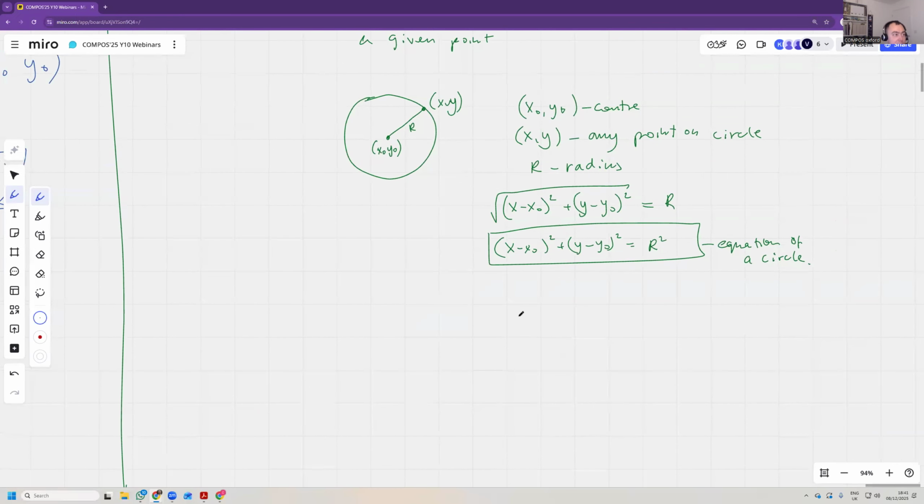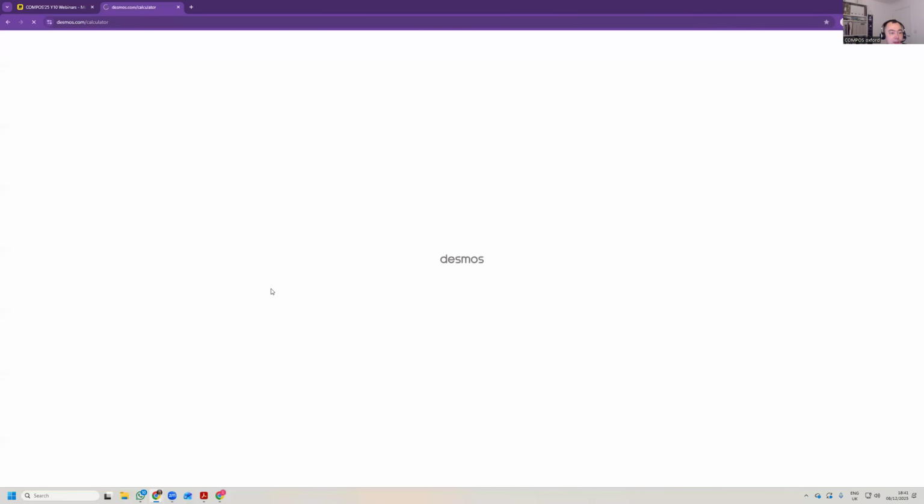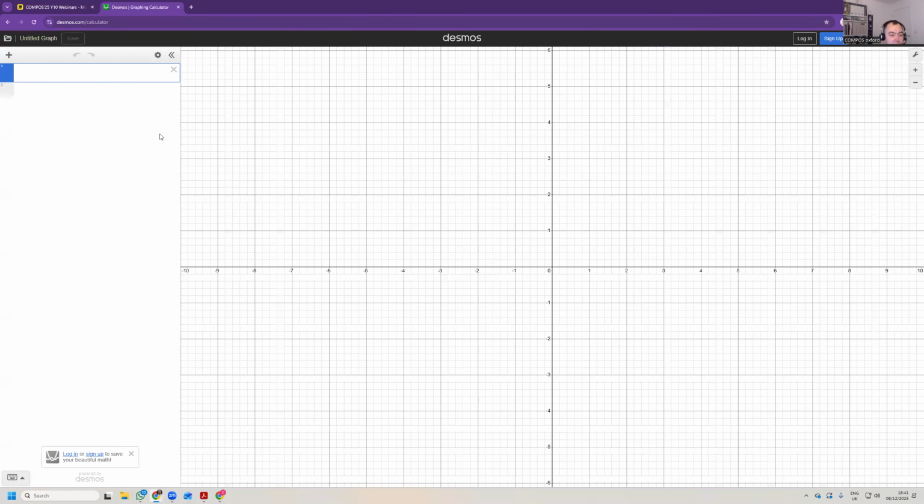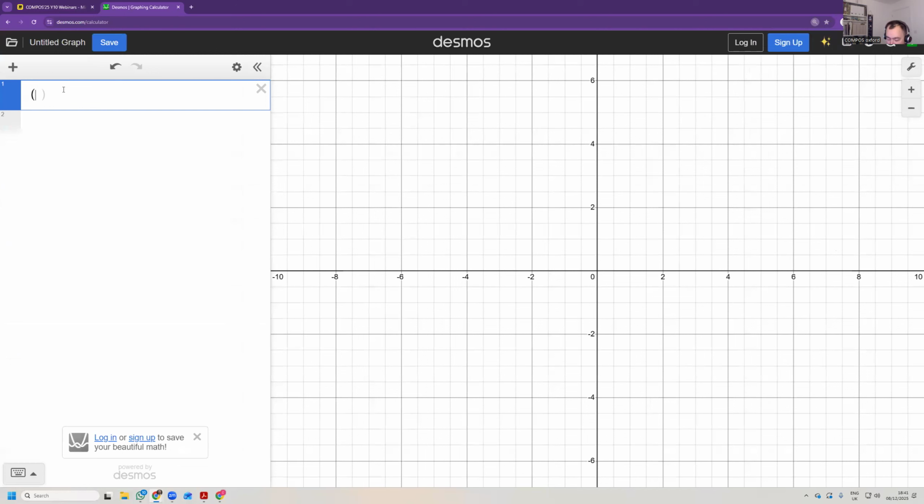Let's check if that is in fact correct. Just for example, (x minus 2) squared plus (y minus 3) squared equals 4 squared.